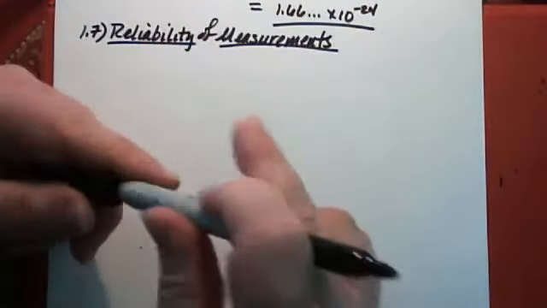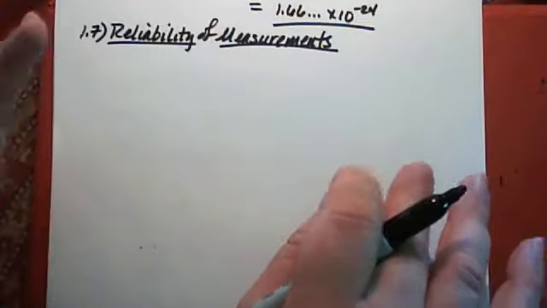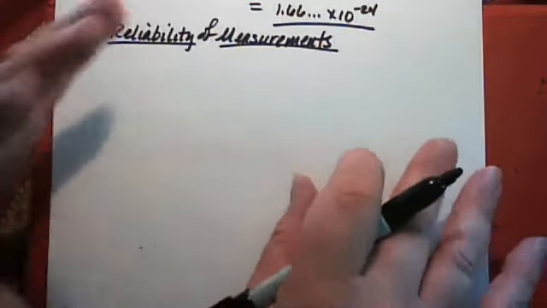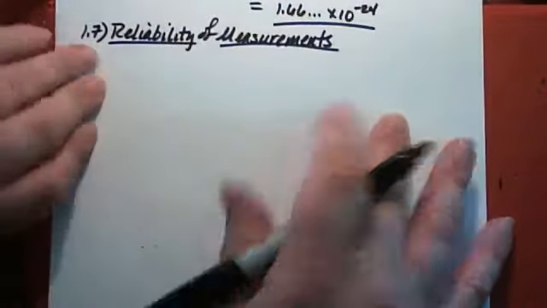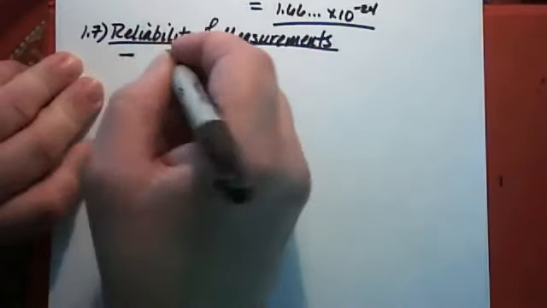And one way that you can minimize the error in measurements is reading all of the digits that are available in a measurement. That is, use your measuring device to the fullest extent possible. Because the more digits you read, the more reliable the measurement probably is.